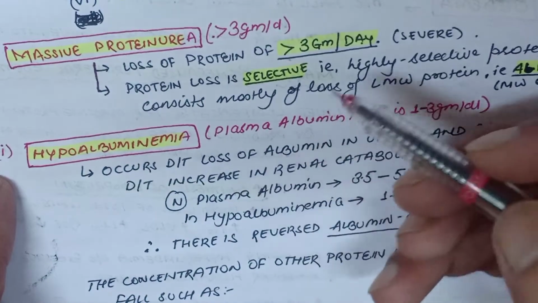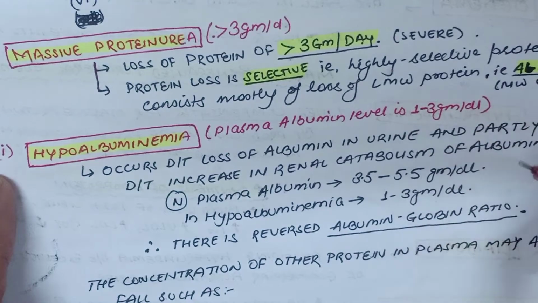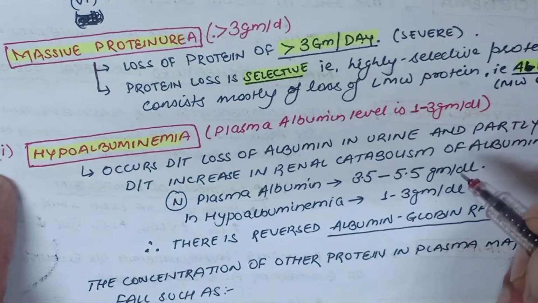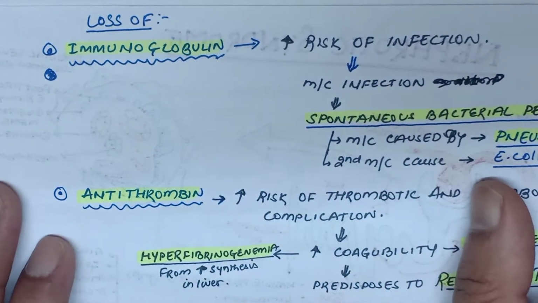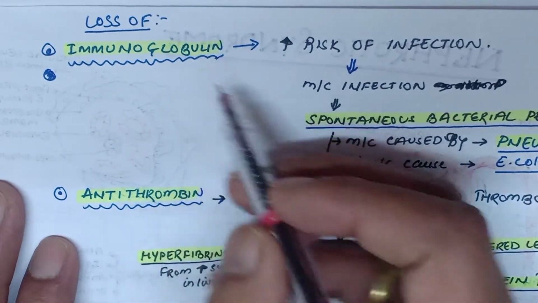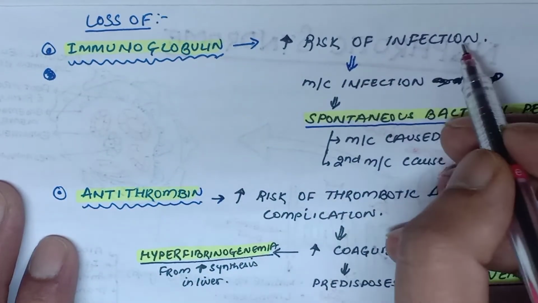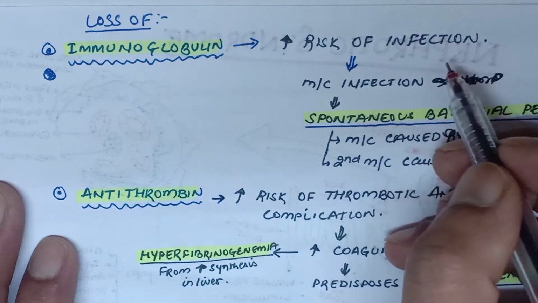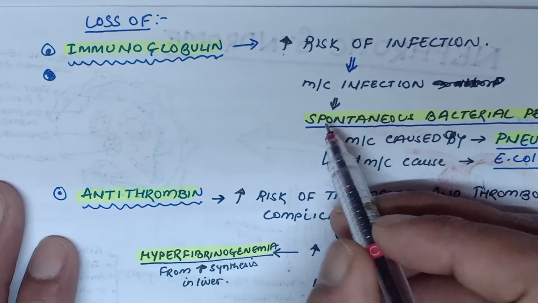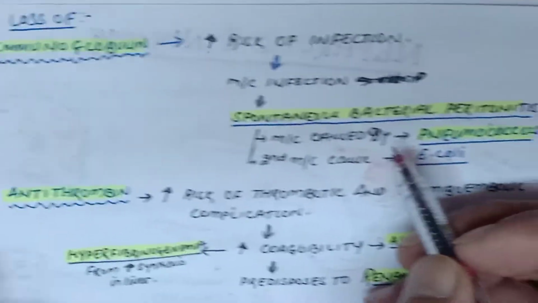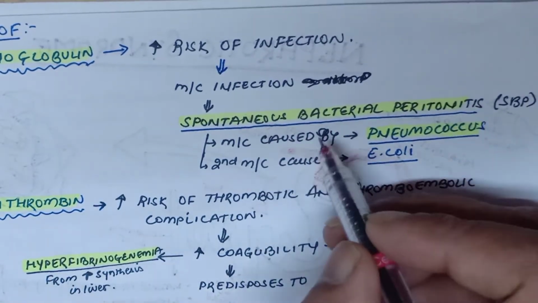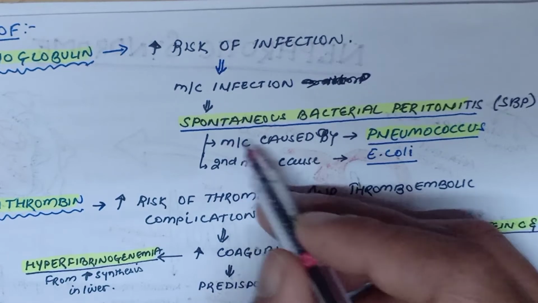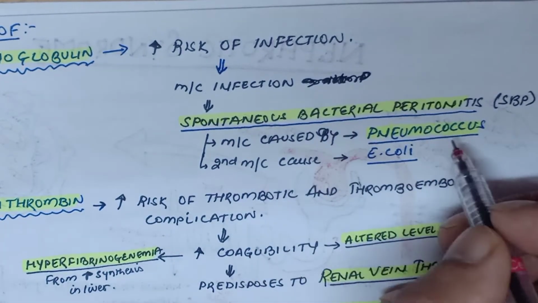When there is massive proteinuria, the concentration of other proteins in plasma may also fall, and there may also be loss of immunoglobulins. The loss of immunoglobulin will cause increased risk of infection. The most common infection is spontaneous bacterial peritonitis, and the most common organism causing it is pneumococcus.